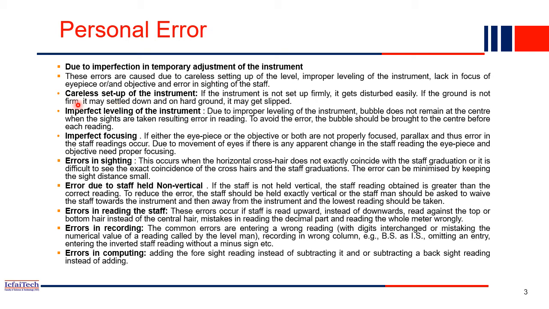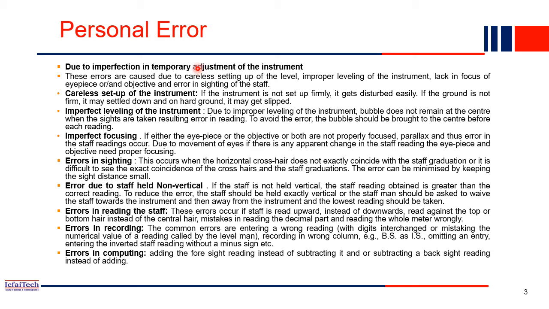Next is carelessness in the setup of the instruments. This is again very much important. The instrument has to be properly mounted and properly set up on the ground itself, because even a small disturbance nearby can matter. For example, you have set up an instrument tripod and made the temporary and permanent adjustments, both adjustments are done, the instrument is now perfect, but still if a heavy vehicle is passing by, what will happen?